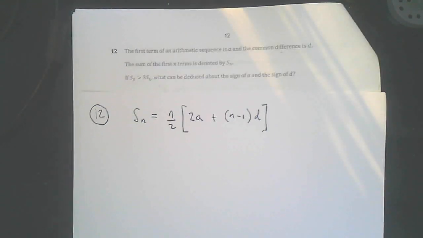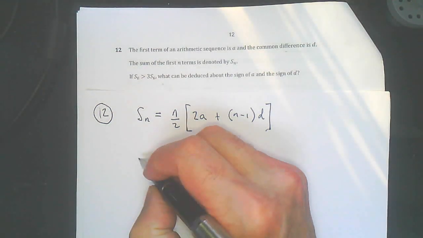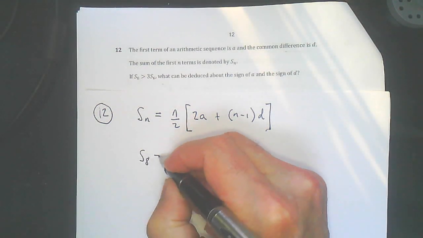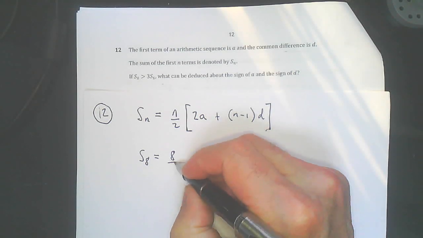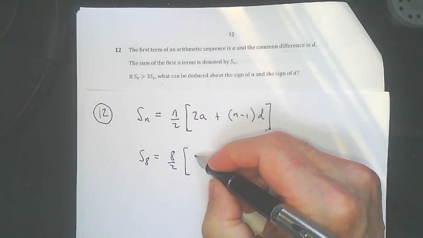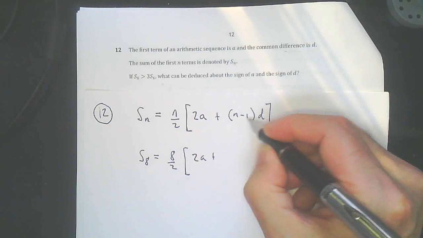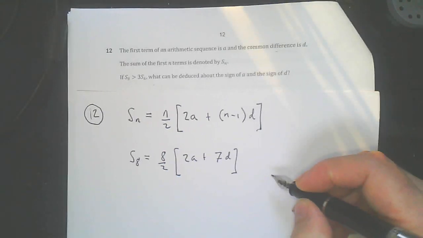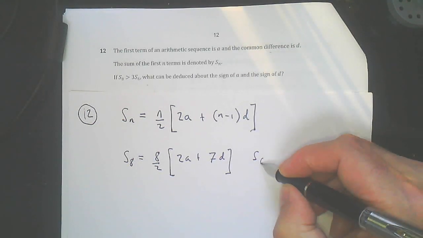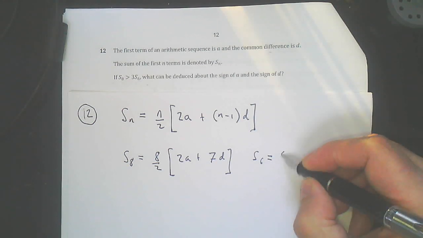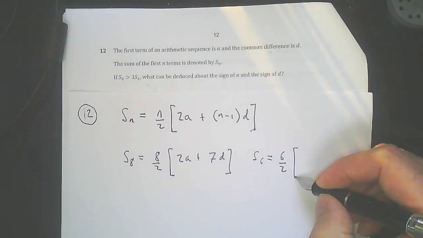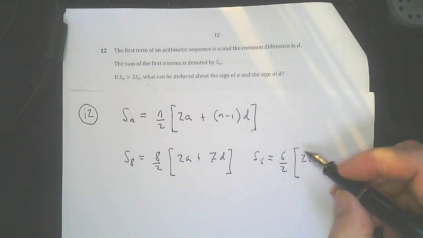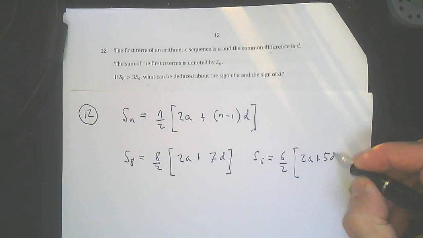So we can write down S8, which is the first thing we need to know about. S8 equals 8 over 2, brackets, 2a plus n minus 1, which is 7d, and S6 equals 6 over 2, brackets, 2a plus 6 minus 1, which is 5d.